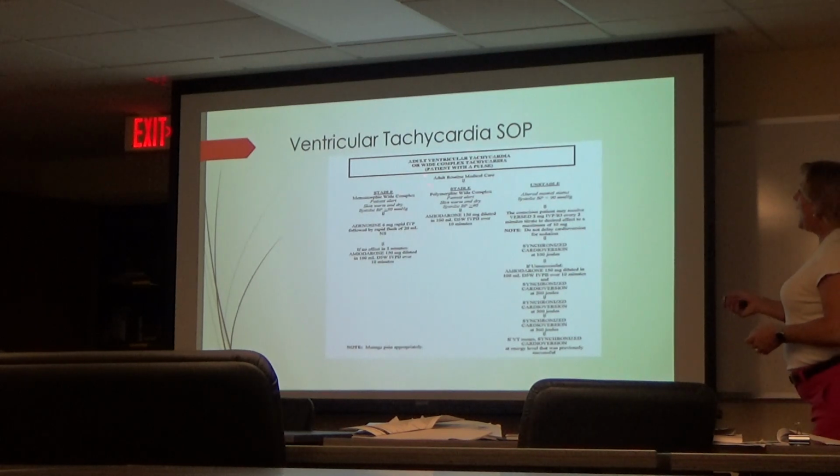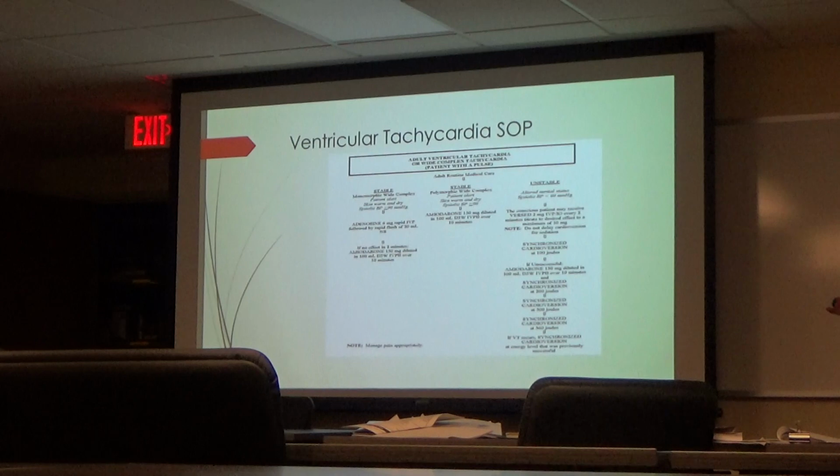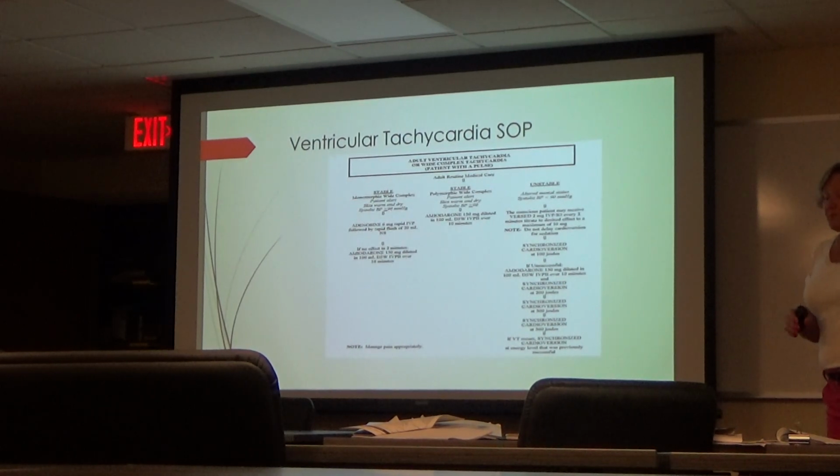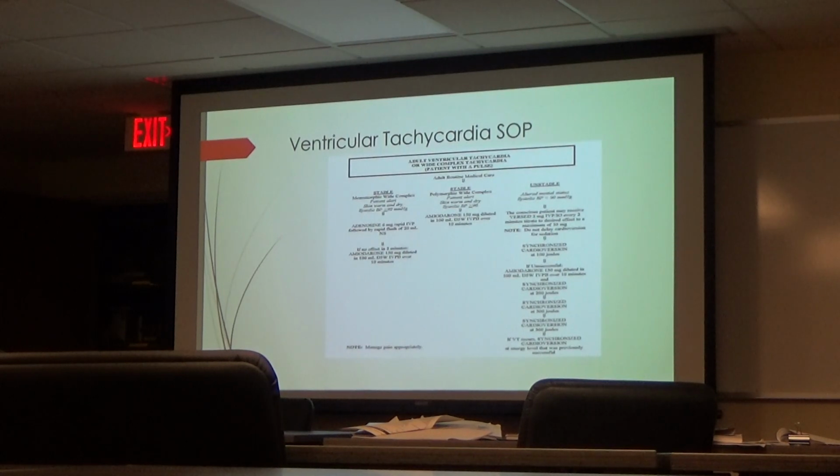But when we start with our wide-complex tachycardia, those that are stable, they have a pulse. They may not have a pulse for long, they may not stay stable for long because the heart can only beat that fast for a certain amount of time. We start off with adenosine. Now, for the most part, adenosine will not work if it is truly ventricular in nature.